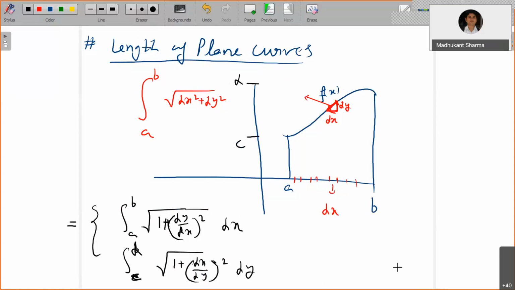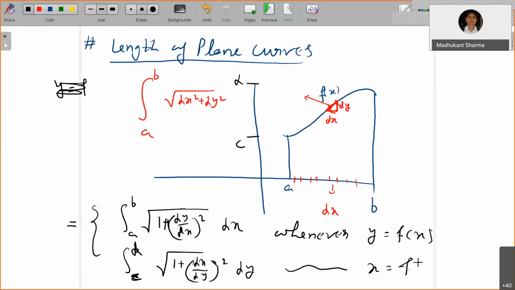Now, this is in Cartesian form, which I can use whenever you are given y equals f of x, and the other whenever you are given x equals a function of y. Now, suppose the parametric form is known, so that will cover the polar form as well.